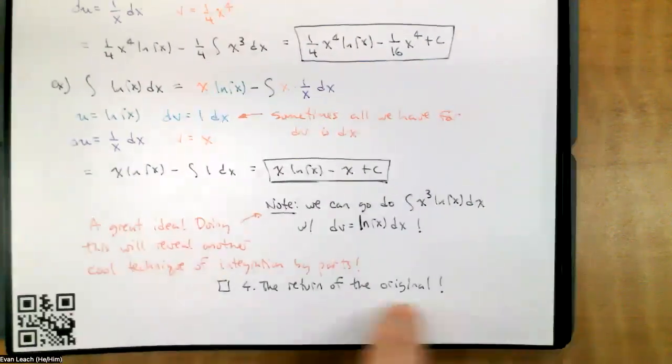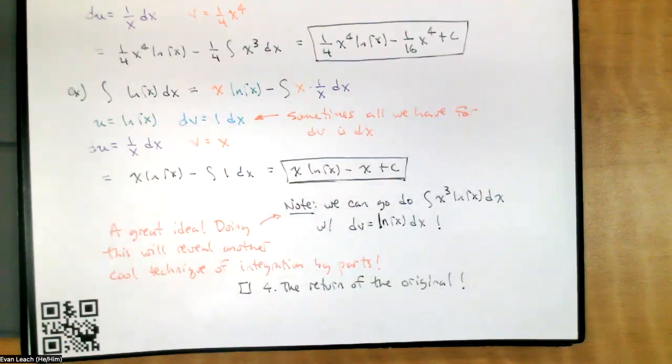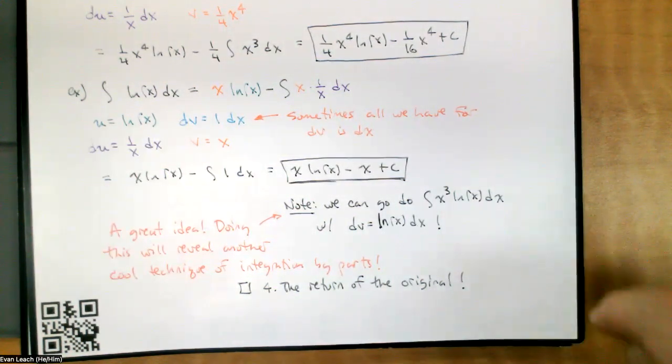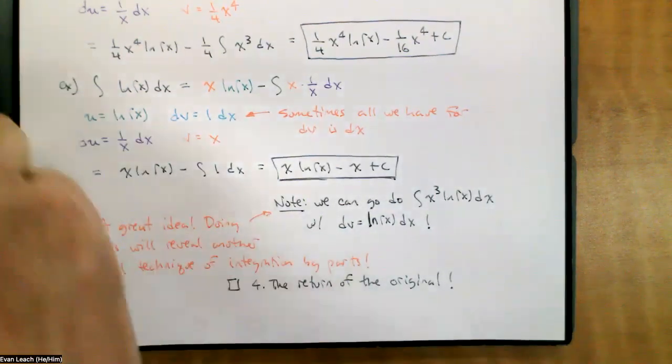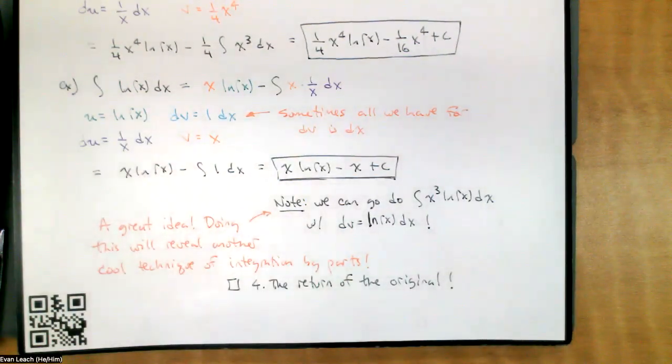All right. So as an important exercise to get into this even more secret technique, you need to go back and do x cubed natural log of x with dv in the ln x spot. You're going to have to do something weird. I will give you a hint.